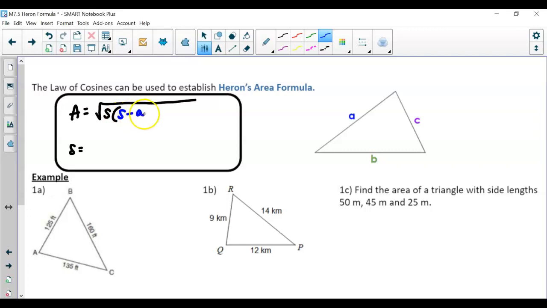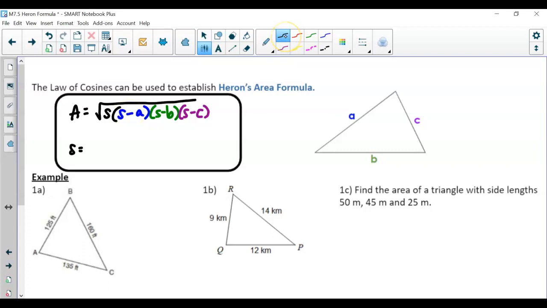So it would be S minus a, times S minus b, times S minus c. So you're taking that value of S, the semi-perimeter, and multiplying it by the semi-perimeter minus each of the three sides.